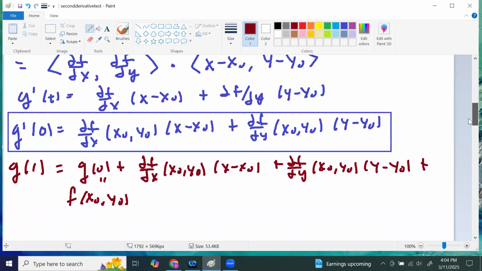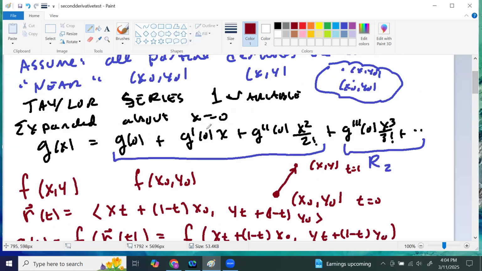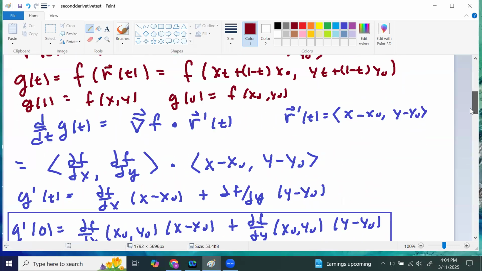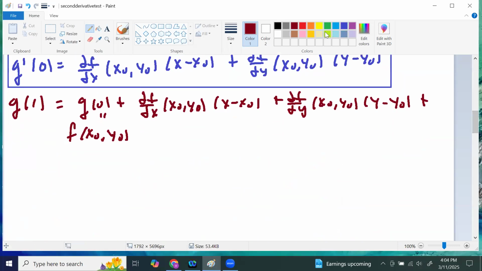Okay, so now we want to work on the second term. In order to take the second derivative and then plug in 0, we need to go ahead and work on this. So what is the second derivative?